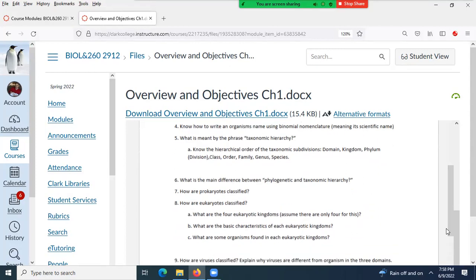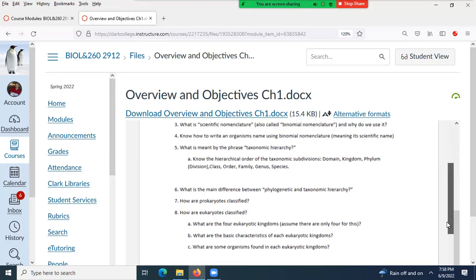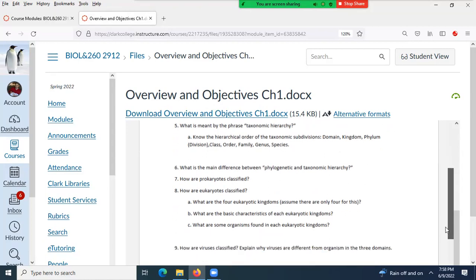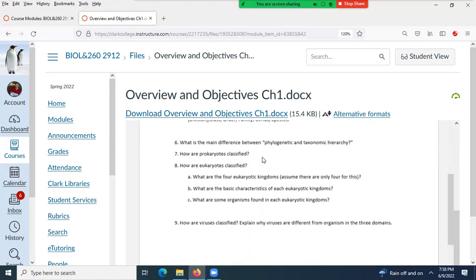For bacteria and eukaryotes, all of these names are Latinized, but for viruses, we actually use common English names. You should know how prokaryotes are classified and how eukaryotes are classified. The main difference being the nucleus found in a eukaryote. But eukaryotes also have membrane-bound organelles, which are not found in prokaryotes.